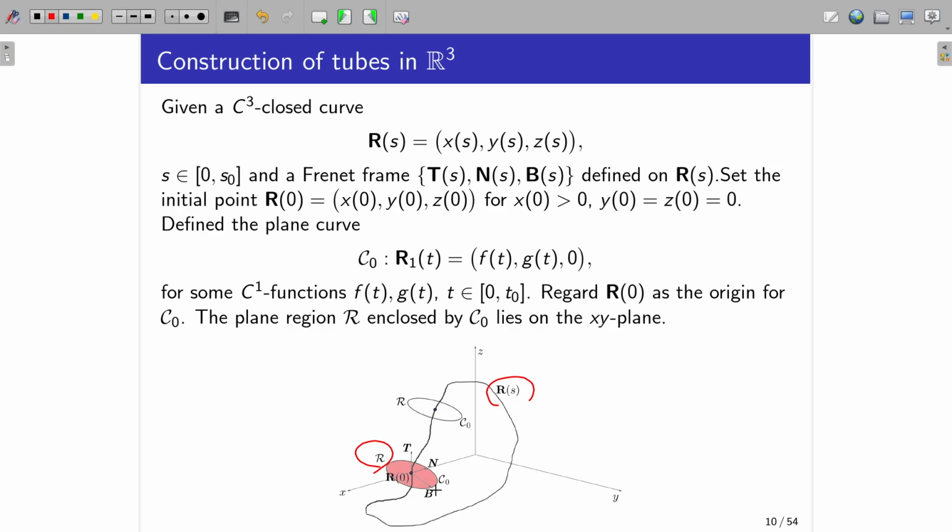When you move the plane, because the plane region R is on the XY plane, the normal vector is perpendicular to the XY plane.